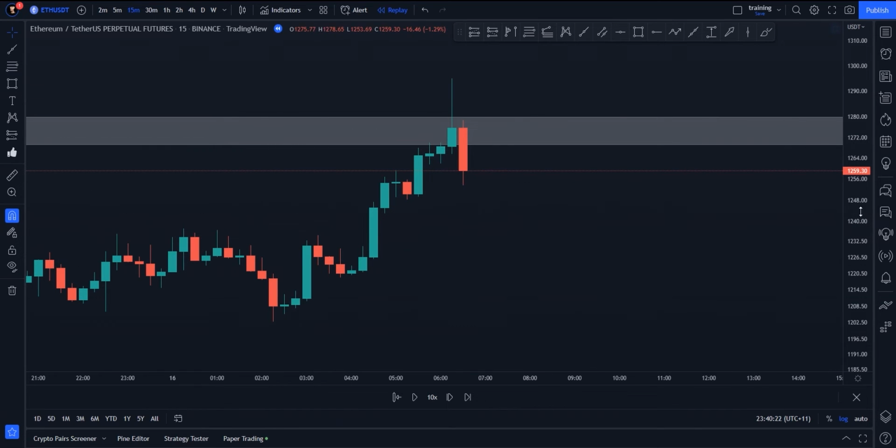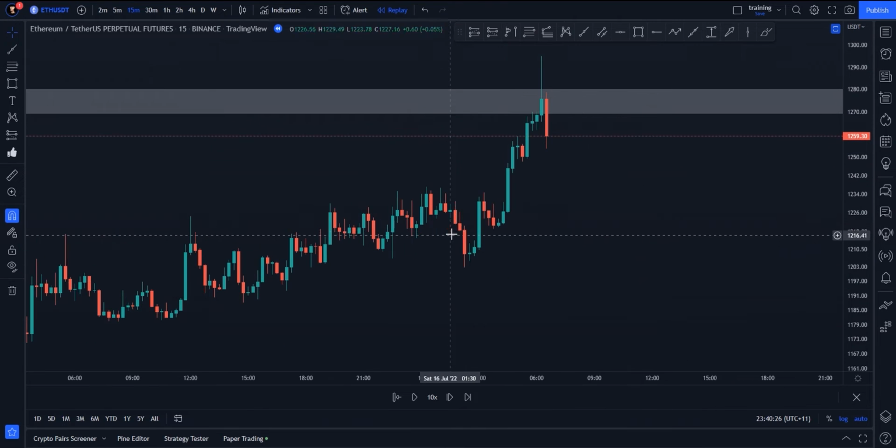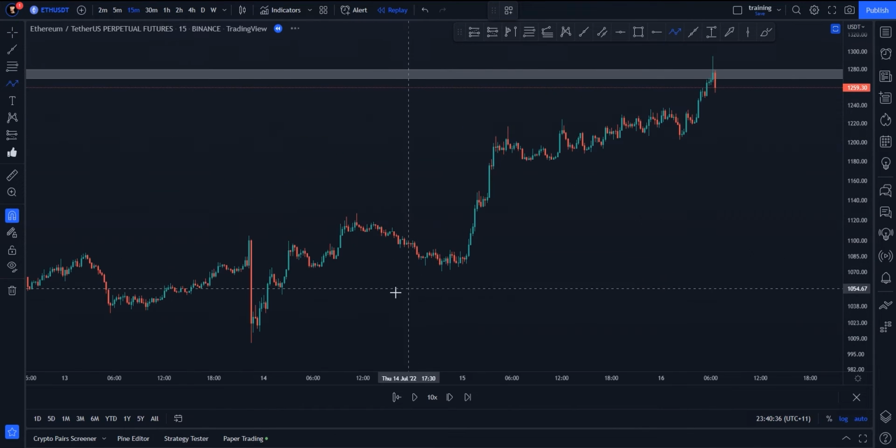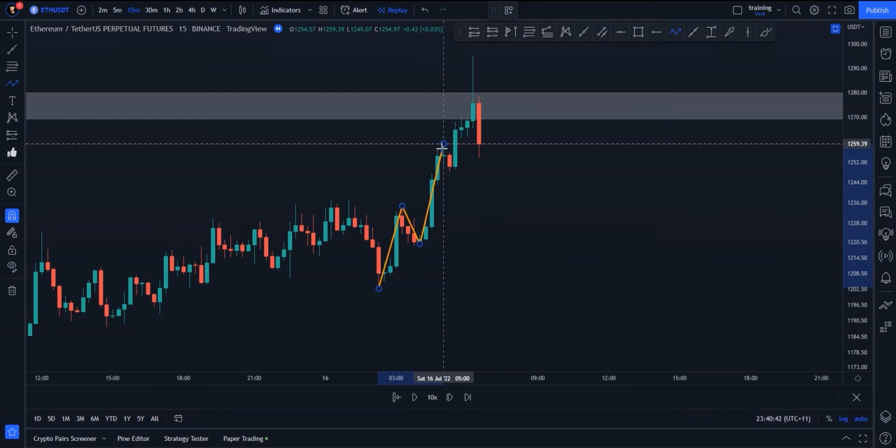The second one that I'm going to explain is breaking the trend line in the 15-minute time frame. The trend line that we are going to use is not a big trend line from here. The one that I'm going to use, I'm looking for lower highs, higher lows.